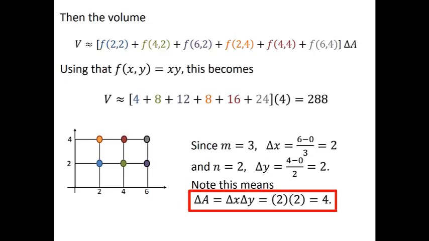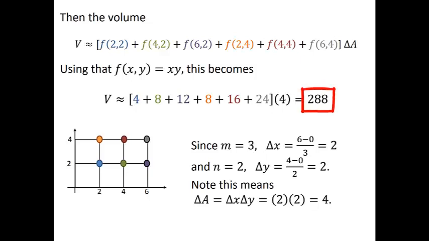Using the fact that in our example the function was x times y, we see that the volume is approximately 4 plus 8 plus 12 plus 8 plus 16 plus 24 times delta A, which is 4. And so we get an approximation for the volume of 288. And that would be the end of this example.